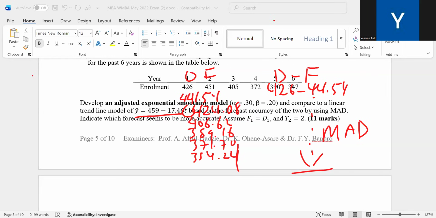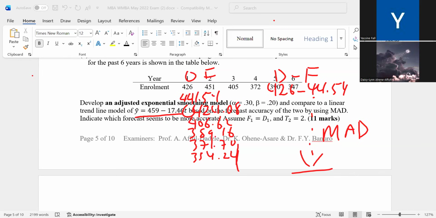Good. So now which one do you think is better? The linear trend, 14, because the linear trend line gives us a smaller error than the other one. Okay. So the smaller MAD is better. It gives you a better accuracy of the model.